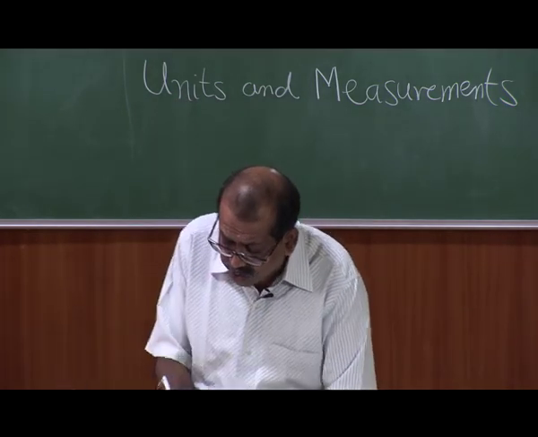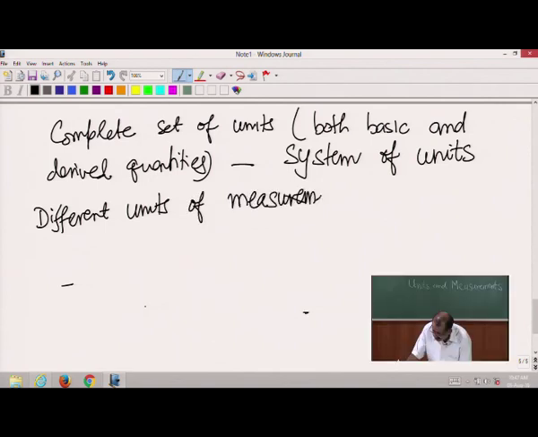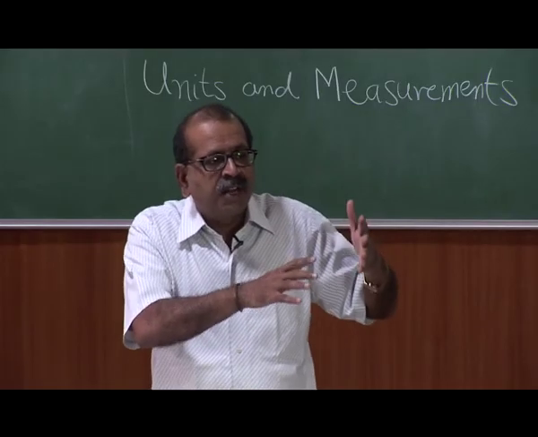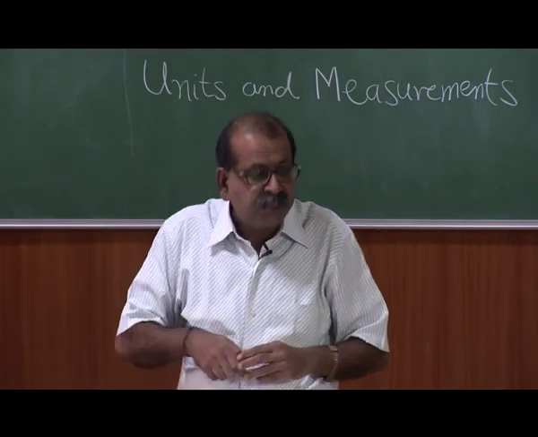Now, let us look at different units of measurement. In different times and different regions, that means earlier times or in different parts of the world, different units have been used.